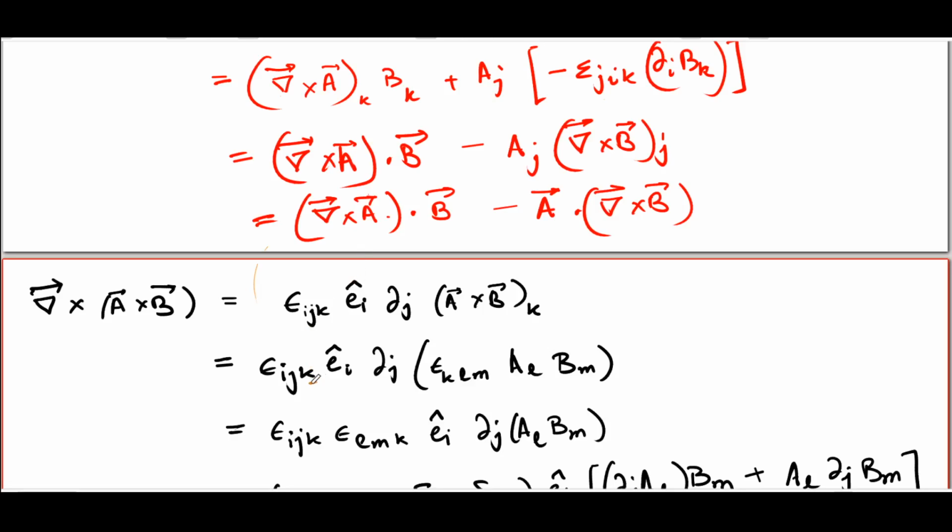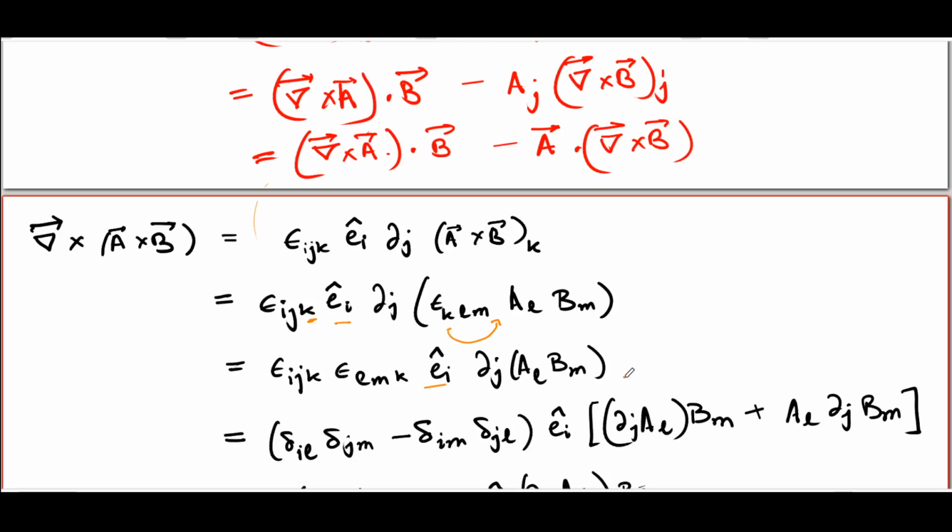Here, it's at the back, so I changed the k here and moved it to the back. Since I did a cyclic permutation, klm became lmk, this caused no change in sign. The rest is straightforward. ∂_j was already there, still here. Then you have to do ∂_j on this product A_l B_m.